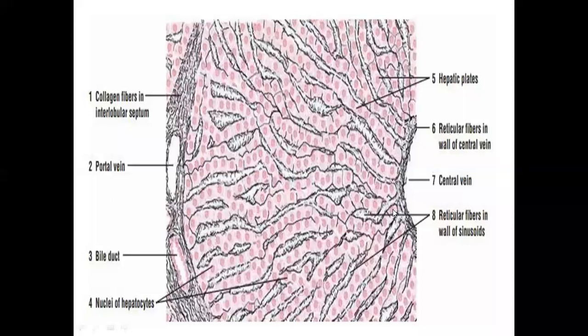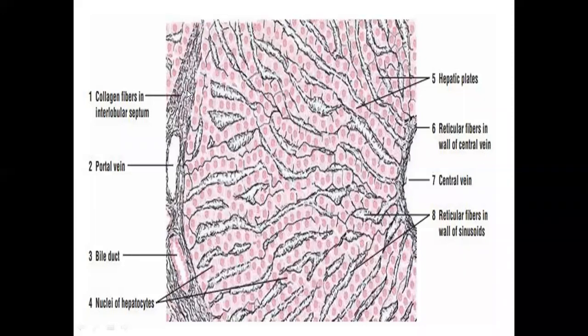These are the hepatic sinusoids, and you can note the reticular fibers which line these sinusoids. These reticular fibers also support the endothelial cells of the hepatic sinusoids, and they form the supporting framework around the central vein.